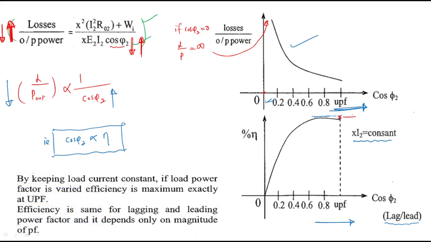Whether the power factor is leading or lagging, efficiency is the same for lagging and leading power factor, and it depends only on the magnitude of the power factor, but not the nature.